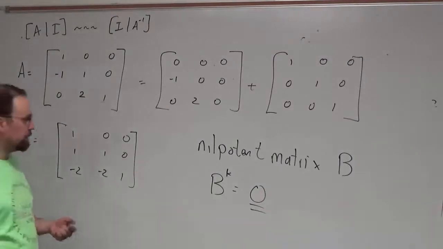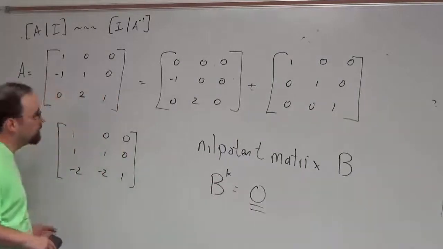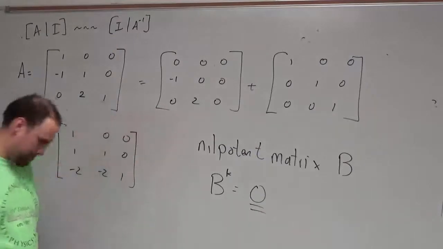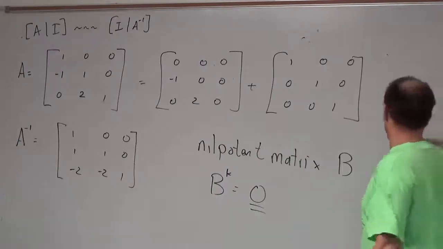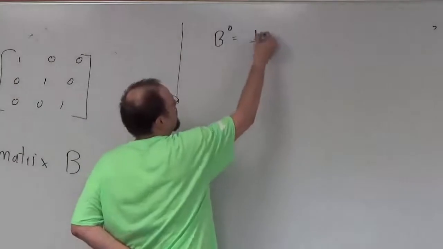So a nilpotent matrix B is one that if you raise to a high enough power, it's going to be the zero matrix. And let's check that this is nilpotent. We're going to define, by the way, B to the power 0 to be an identity.